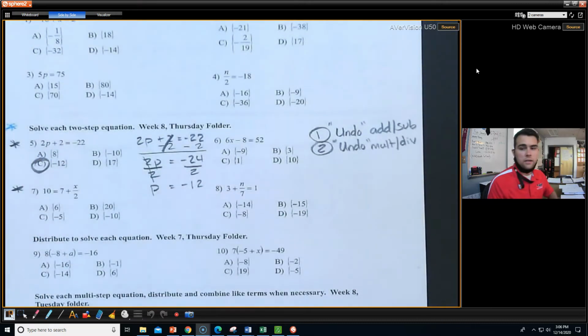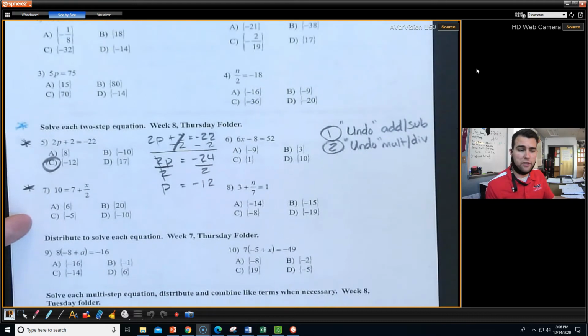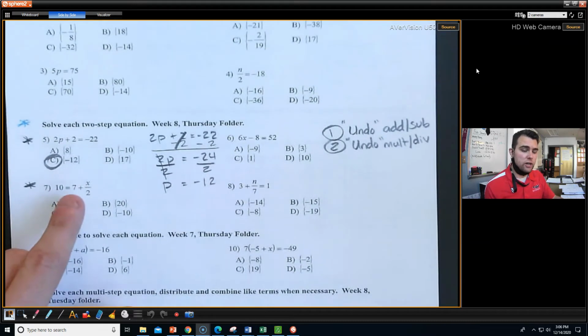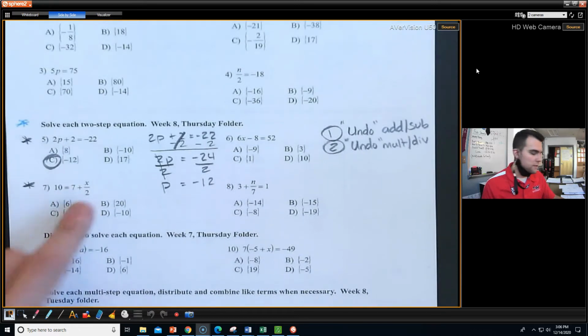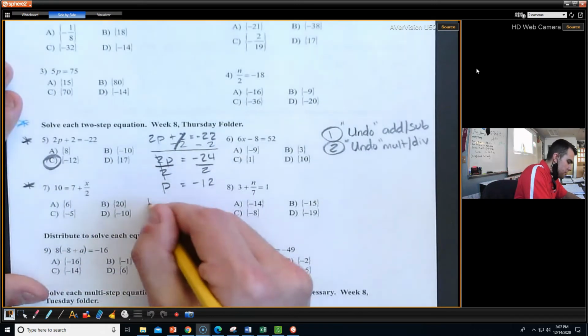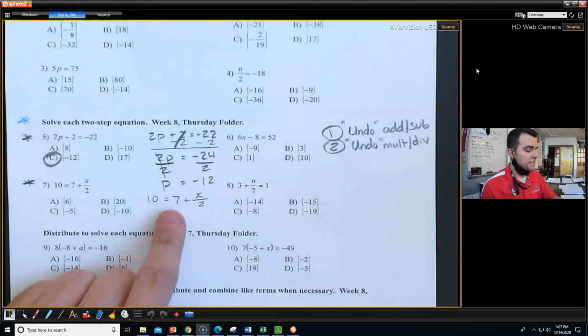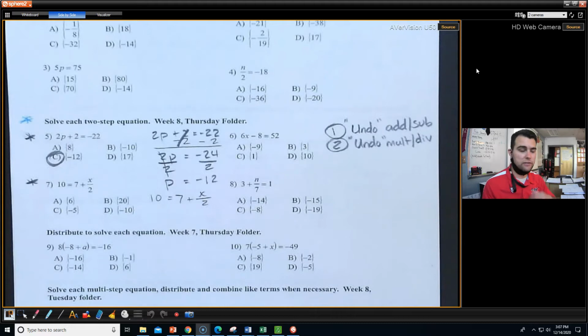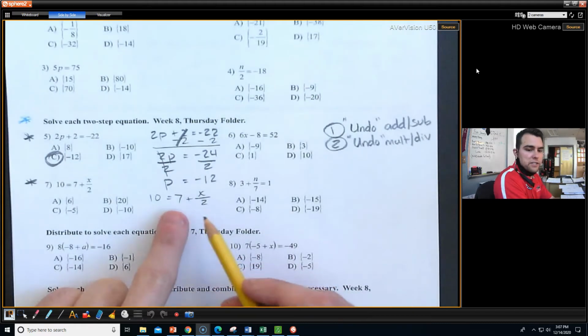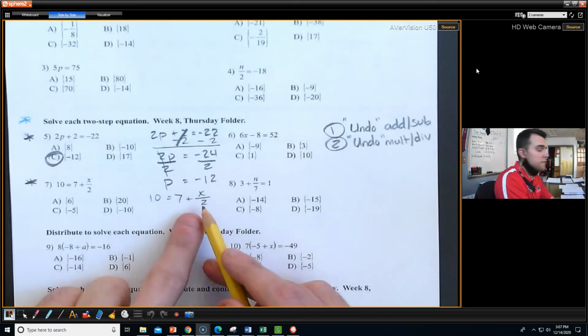It doesn't matter what side of the equal sign your variable's on. For number 7, for example, the variable's on the right-hand side. Again, we're just trying to undo the addition, subtraction, multiplication, division. So if I have 10 equals 7 plus x divided by 2, I want to undo addition, subtraction first. So let me ask 8th hour, what should I undo first, the positive 7 or the divide by 2?